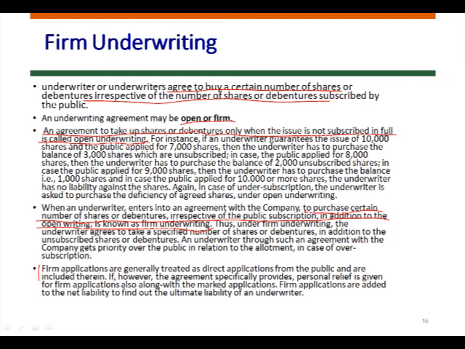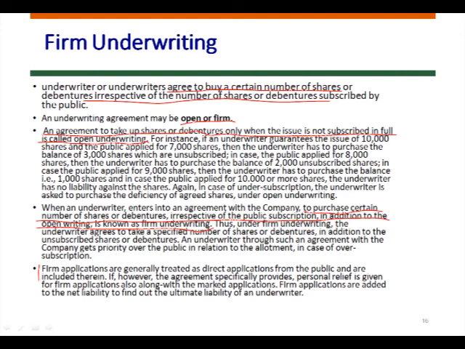An underwriter, through such an agreement with the company, gets priority over the public in relation to the allotment in case of oversubscription. So preferably they will be given the shares before the public.